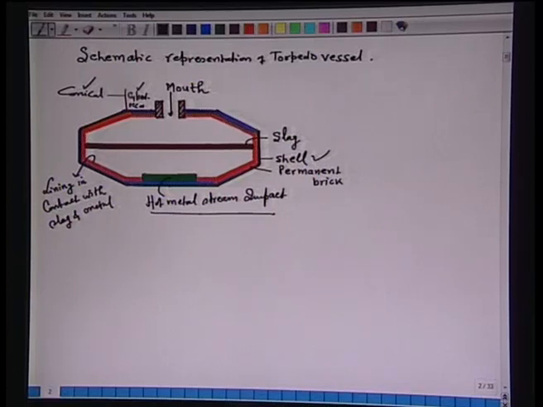Now, earlier the torpedo vessel was used to transfer the hot metal from blast furnace to converter steel making. But with the increasing quality requirement, torpedo vessels are increasingly employed to carry out refining in terms of removal of silicon, sulfur and phosphorus.